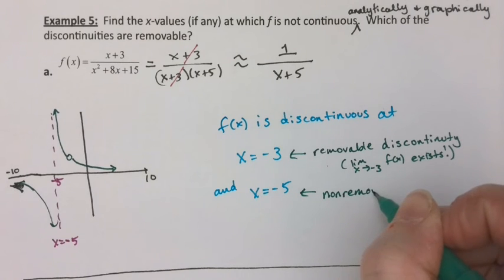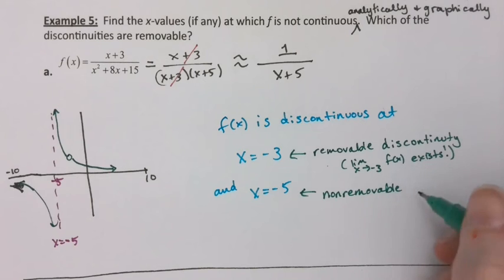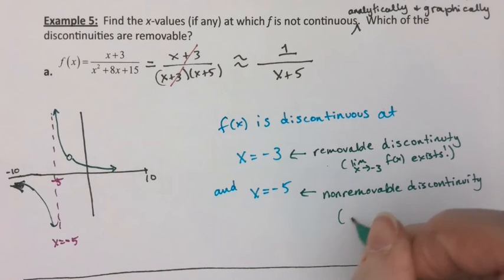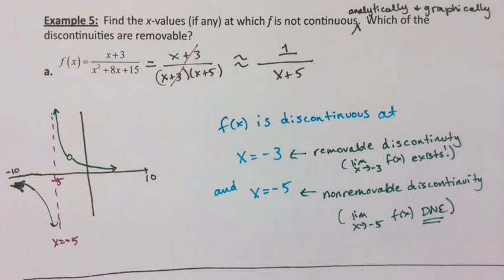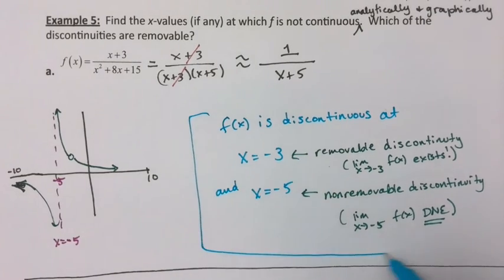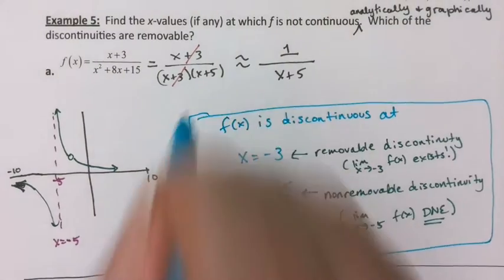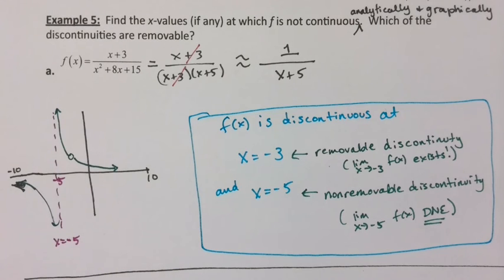Asymptotes always are, right? Because there's no limit. And there we go. So we found any x values where there are discontinuities, and we've addressed whether or not they are removable or not removable.